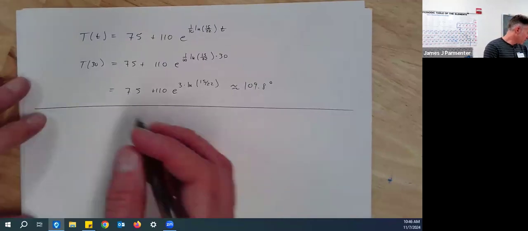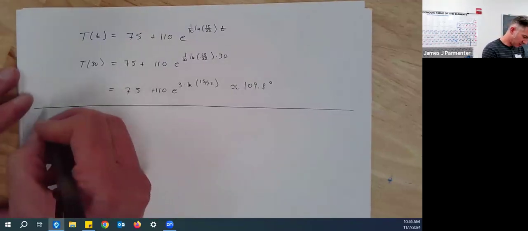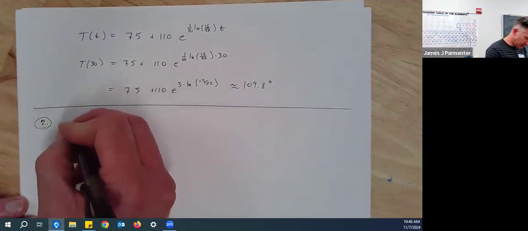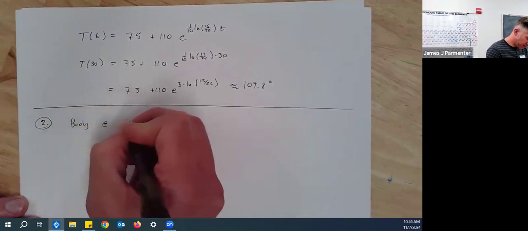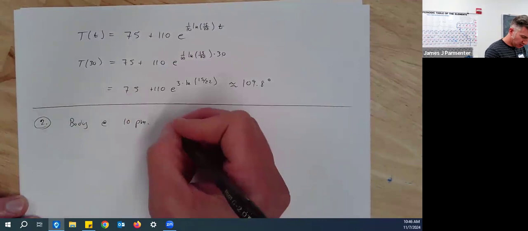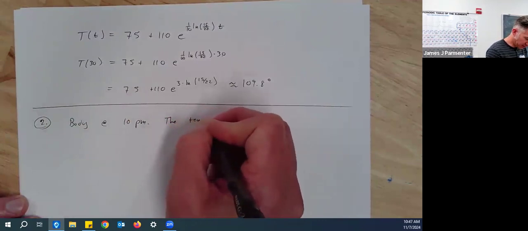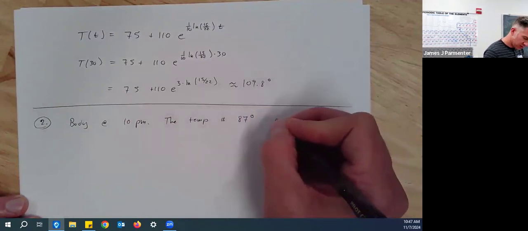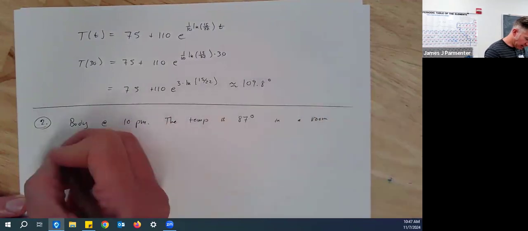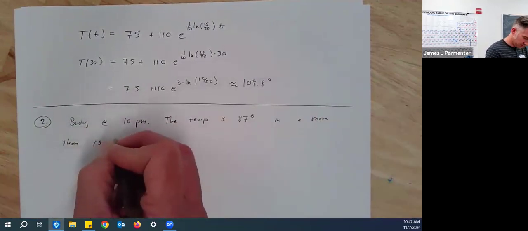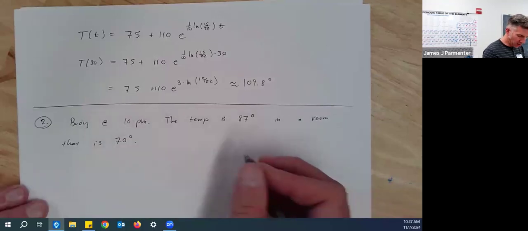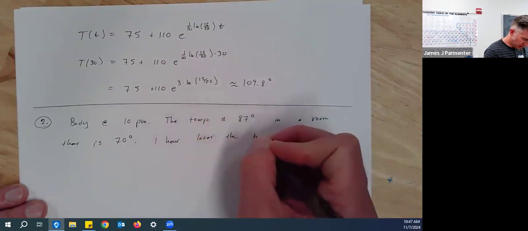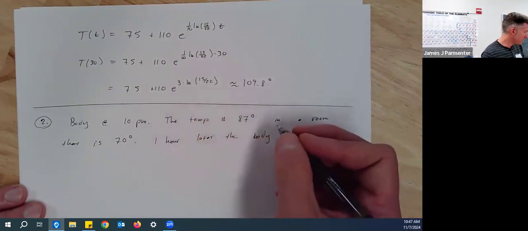Okay, so let's just write down the pertinent information here. Number 2. Police discover a dead body at 10 p.m. The temperature is 87 degrees Fahrenheit, in a room that is 70 degrees. 1 hour later, the body is now 86 degrees.